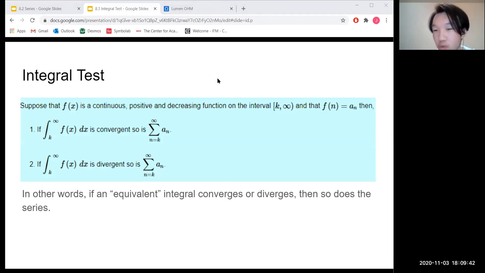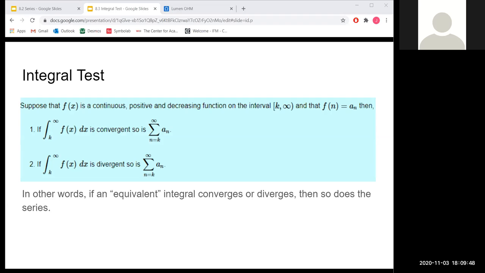Who remembers what continuous means? No holes. Approaches the same value from both sides. No sharp edges. I mean, sharp vertices. A function could still be continuous with sharp edges.